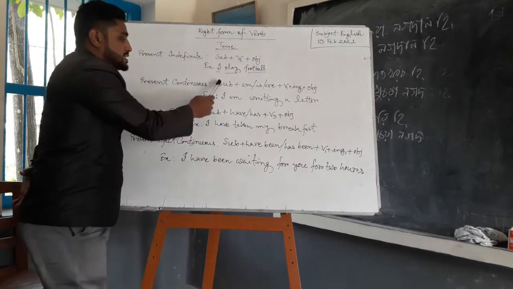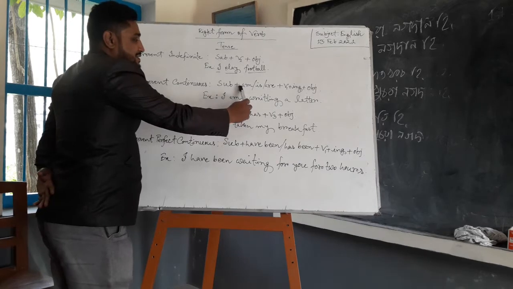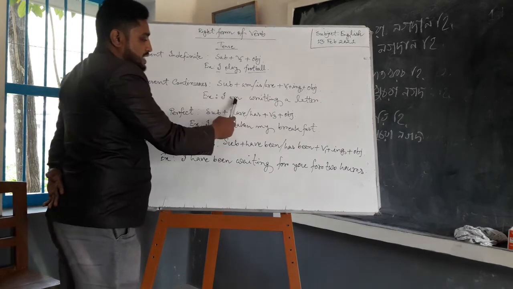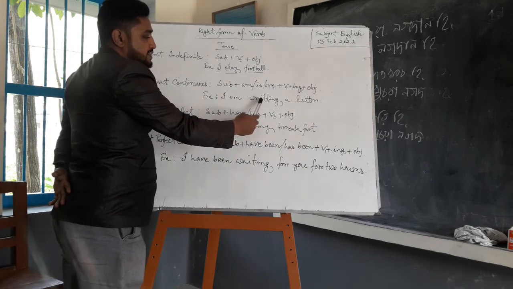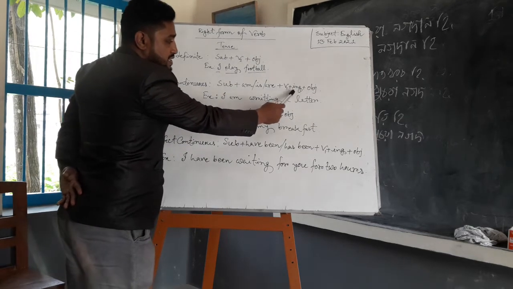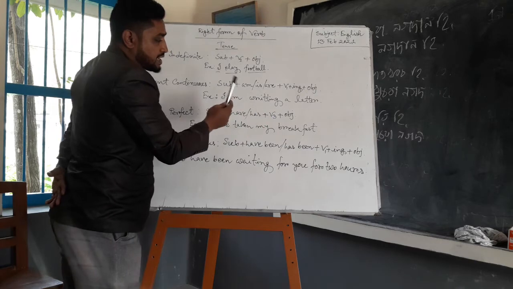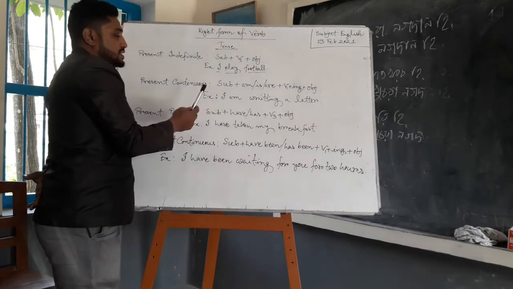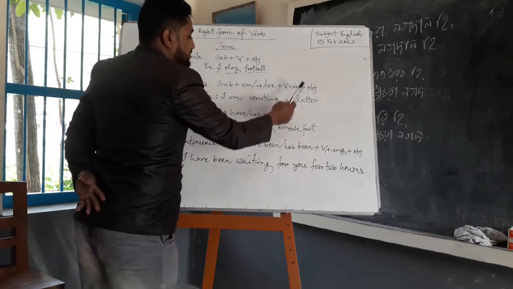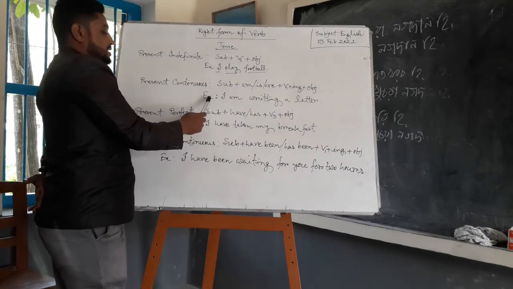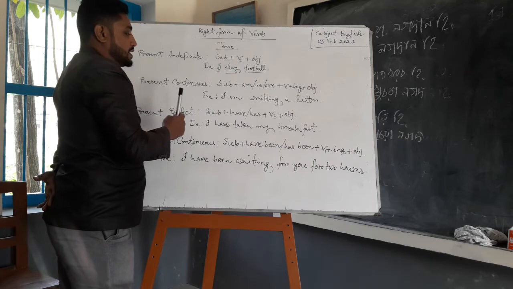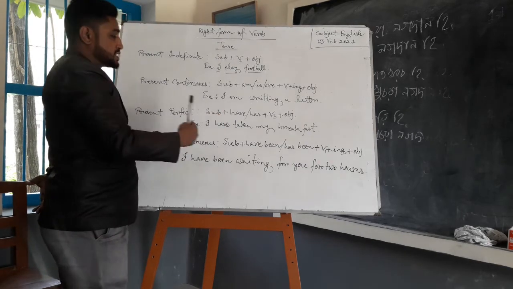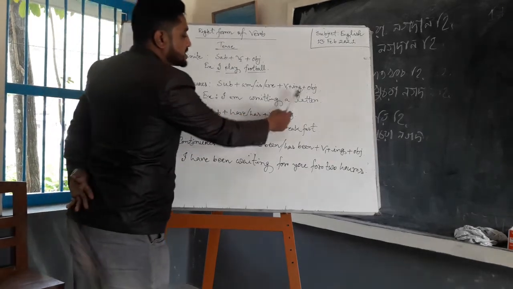Here you can see the subject is I and the auxiliary verb is am. Present form verb is write, and we have used ing with the verb write, and object is a letter. Then the sentence sounds like this: I am writing a letter.